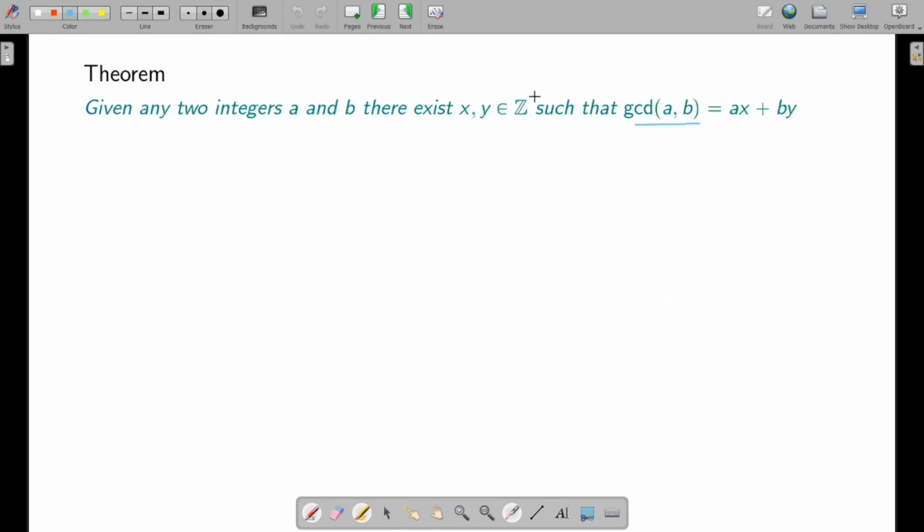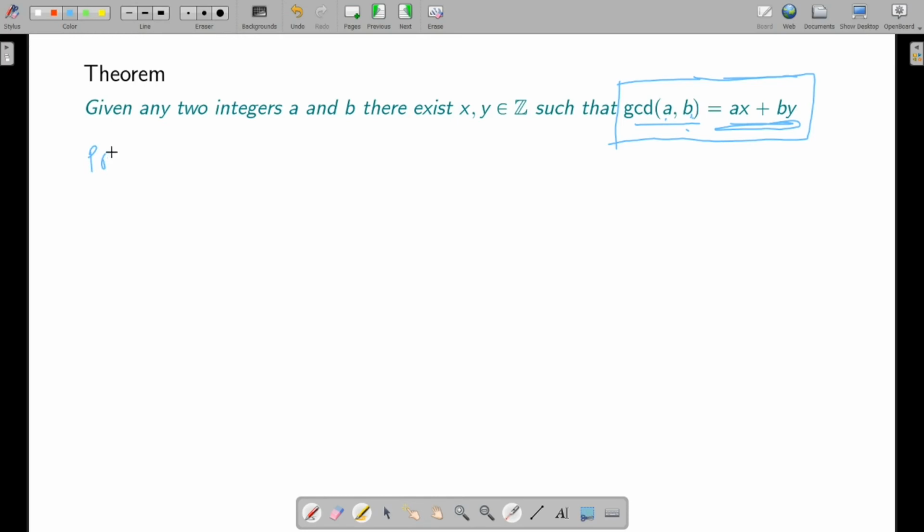So there is a nice expression which we can have for the GCD, that is, the GCD of two numbers is always a linear combination of the two numbers. To prove this fact, it is very easy.